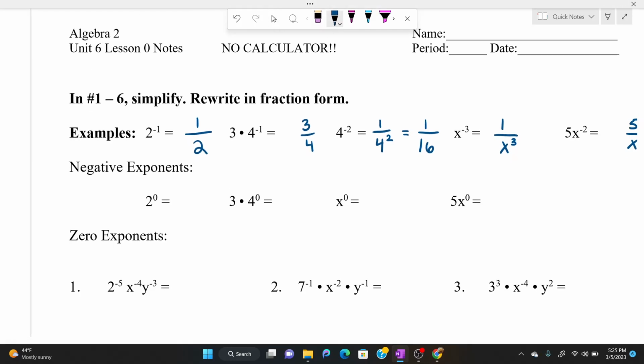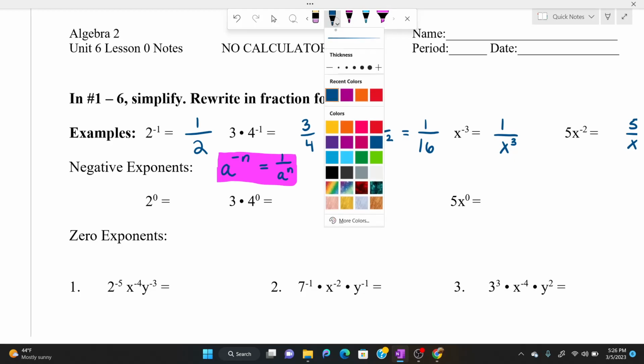well, let's summarize here. So any base, we'll call it a to the negative n is equal to 1 over a to the n. So that is how we deal with negative exponents. Oh, let me add to that actually.